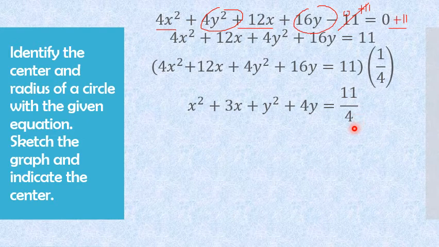Gamitin natin yung fraction dito para mas madali yung ating computation. Kasi kung gagawin mo na itong decimal, alam natin na yung process ng mathematics is reversible. So, kung nagiging non-repeating or repeating numbers ang ating fractions, magkakaroon tayo ng rounding off, hindi natin siya mababalik sa eksaktong quantity or number niya. So, we will leave it as is.